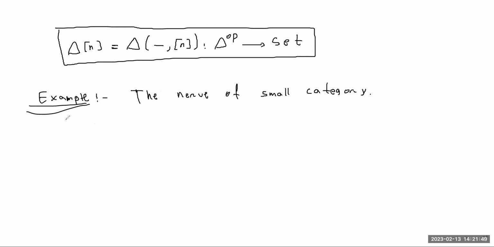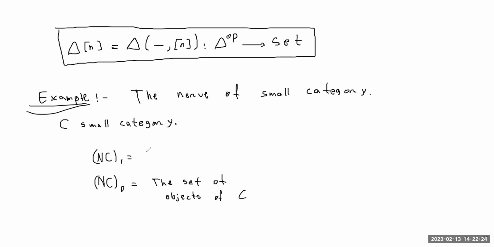Let's say that we have C, a small category, where the objects form a set and the morphisms form a set. Then NC0 will be the set of objects of C.